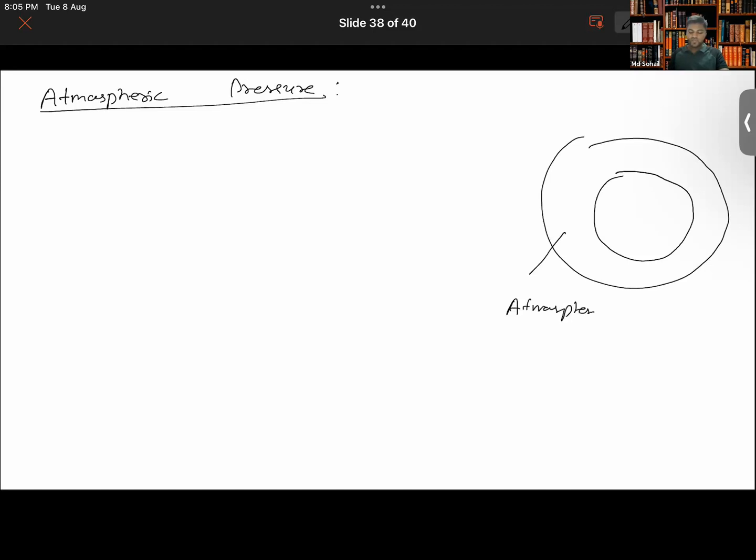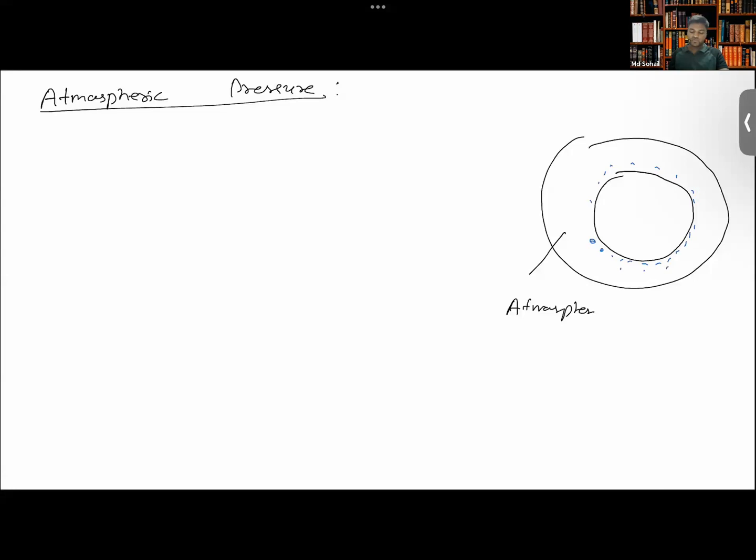Now, in the lower layers of the atmosphere, the amount of gaseous molecules present is more, denser. So here in the lower levels, that is the troposphere, you will see maximum amount of gaseous molecules are present.